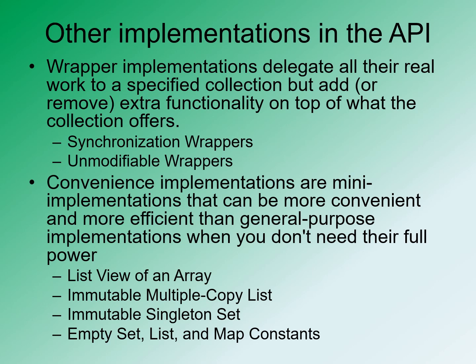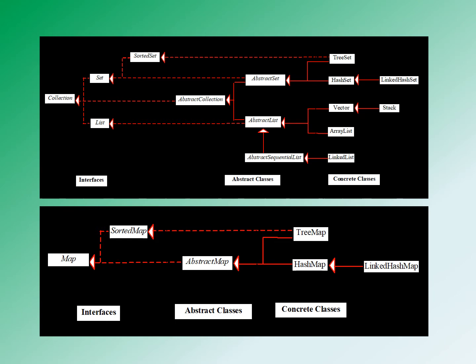Convenience implementations are mini implementations that can be more convenient and more efficient than general purpose implementations when you don't need their full power, like list view of an array, immutable multi-copy list, immutable singleton set, empty set, list and map constants. You can use this chart for your reference whenever you are trying to implement any data structure.